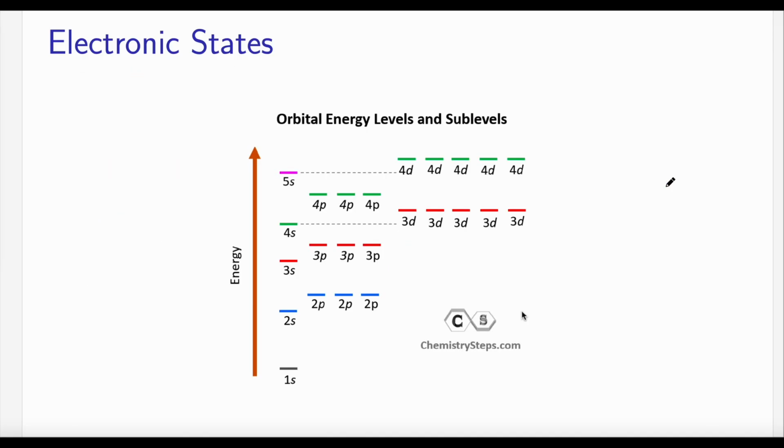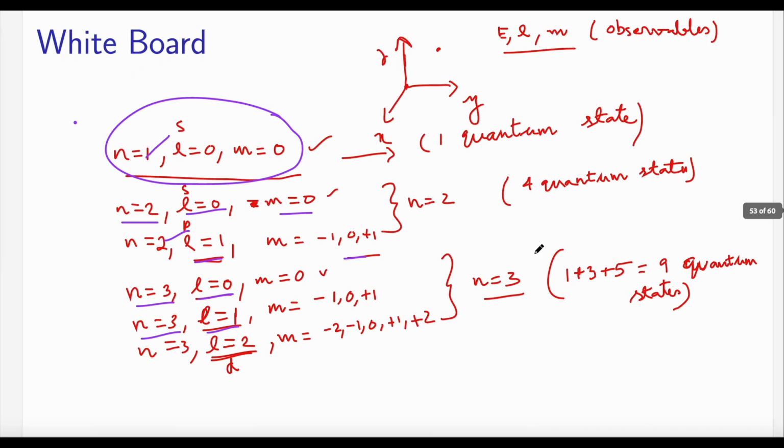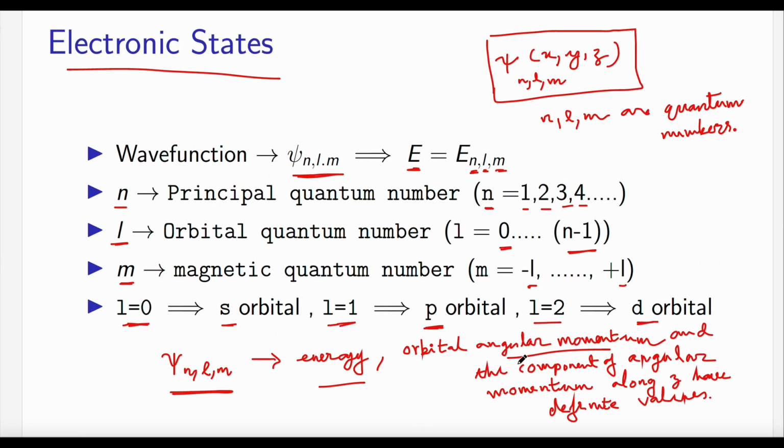So if you consider the energy, this is the energy diagram. All these states have definite energy. So these states, 1s, 2s, 2p, 3s, 3p, 3d, all have definite energies, because I told you in the beginning that when we say the electron is in this quantum state, it has a definite energy.